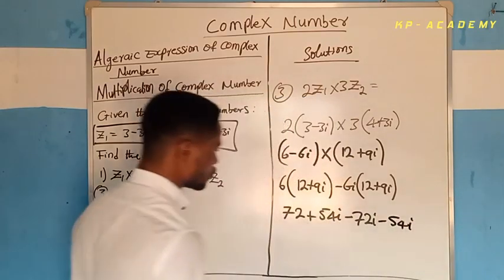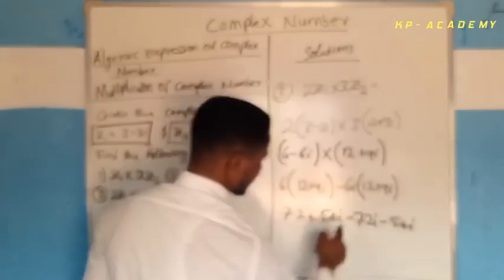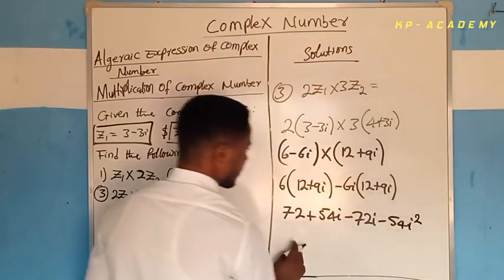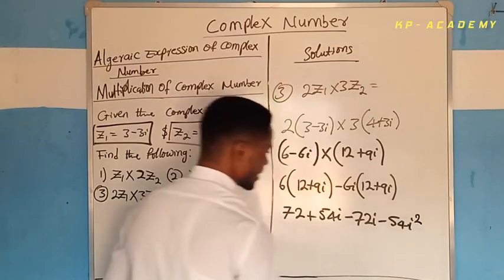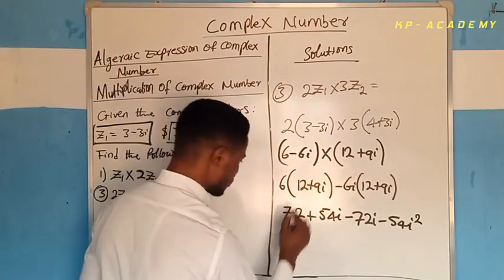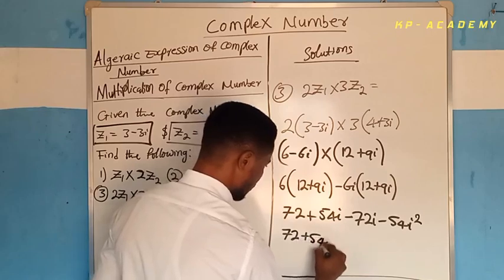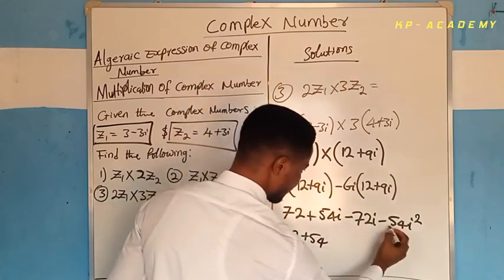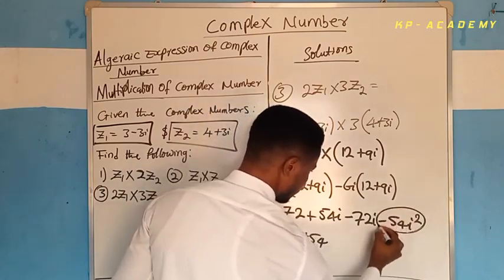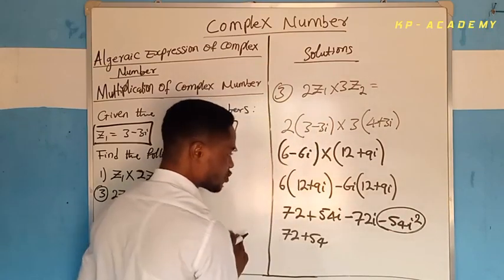At this stage, I'm going to collect like terms. I've already explained what i squared means: i squared means minus 1. So this minus 54i squared is actually plus 54.